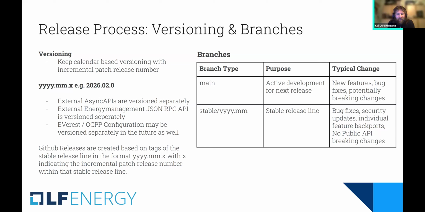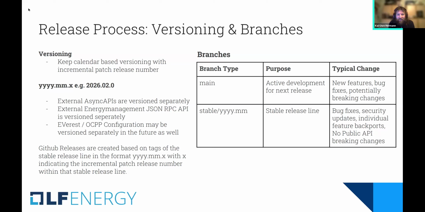The actual APIs themselves are versioned separately. So the external async API right now is in version 1.0. The upcoming energy management JSON RPC API will also be versioned separately, and maybe the EVerest and OCPP configuration might also be separately versioned in the future, but that isn't really decided.